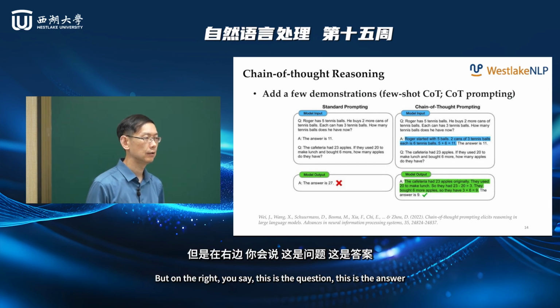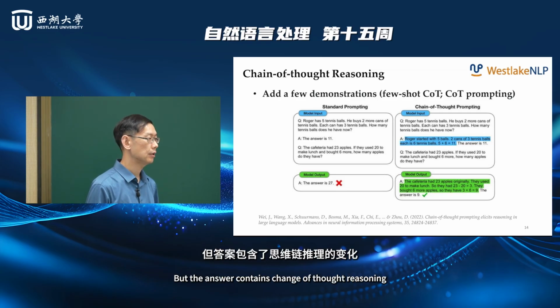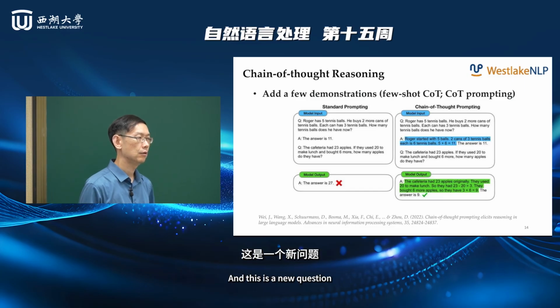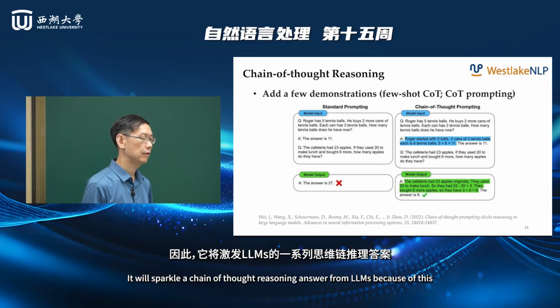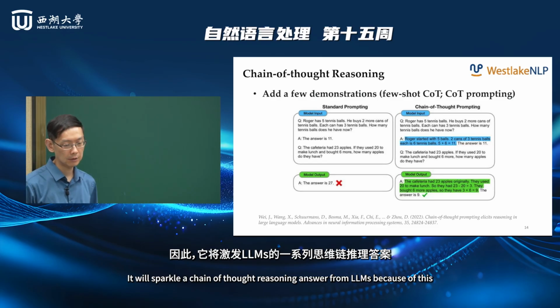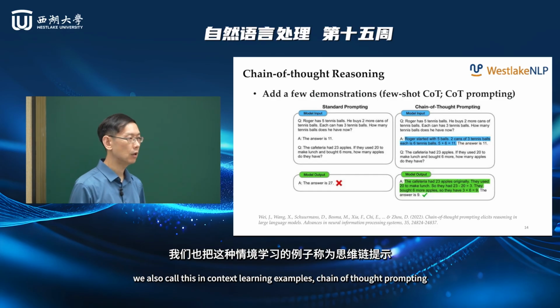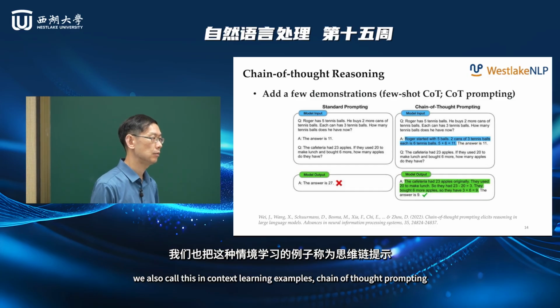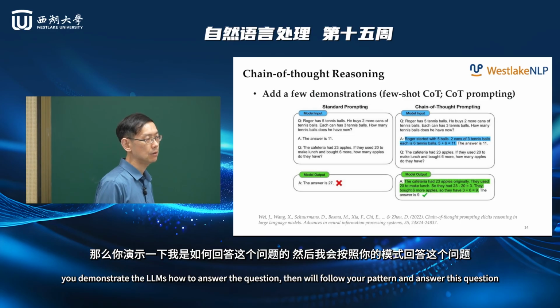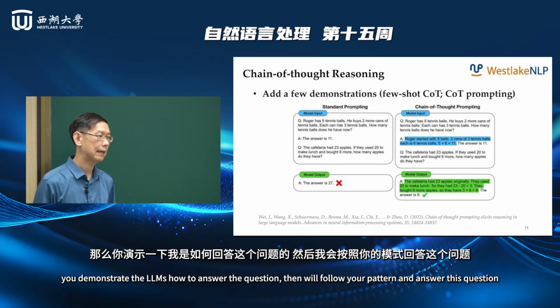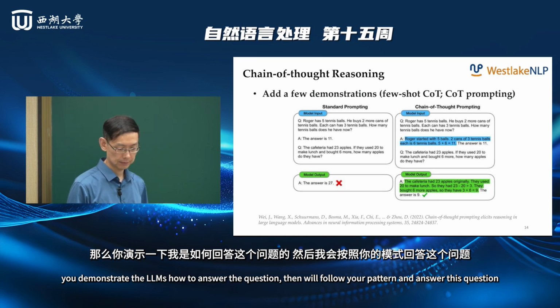But on the right, you say, this is the question, this is the answer, but the answer contains chain of thought reasoning. And this is a new question. It will spark a chain of thought reasoning answer from LLMs. Because of this, we also call this kind of in-context learning example chain of thought prompting. So you demonstrate to the LLM how to answer the question. The LLM will follow your pattern and answer this question.